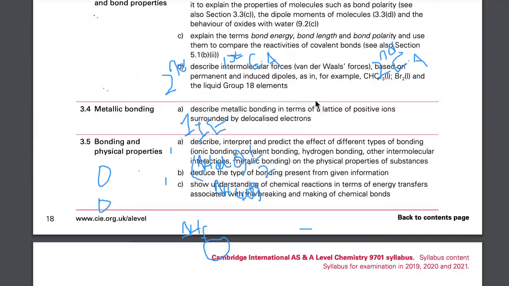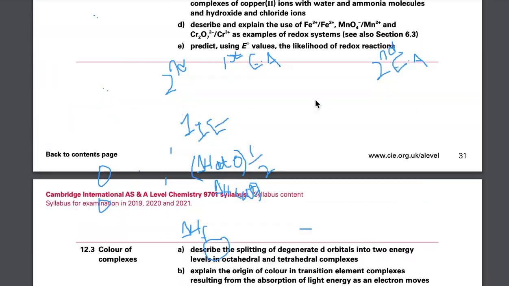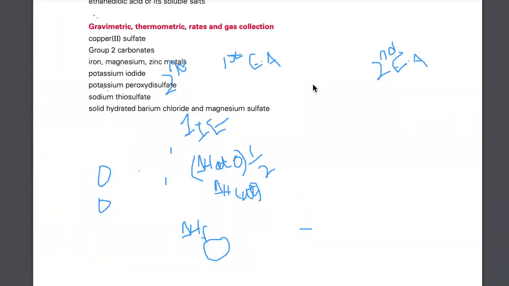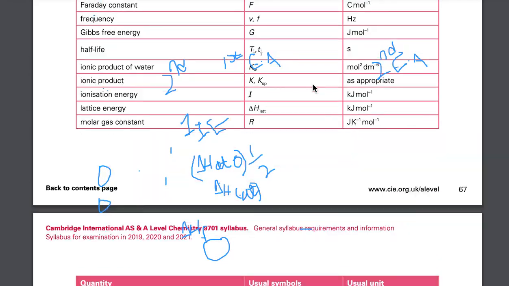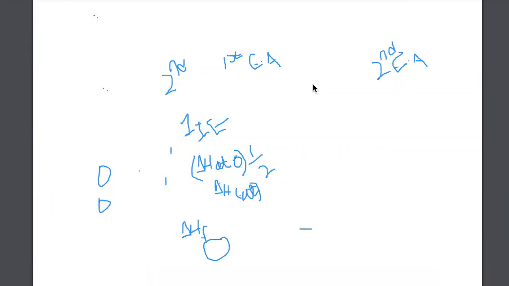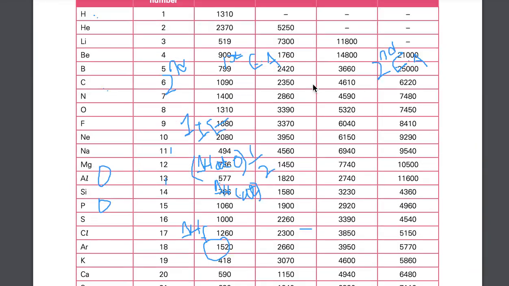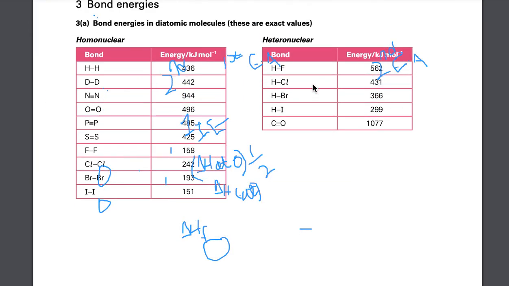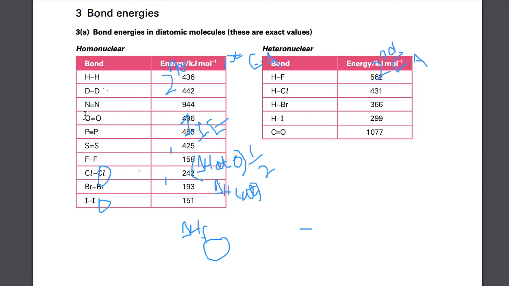Let's move on to the data booklet, which is pretty far. Okay, here it is. Now we want the atomization of oxygen. This one is the atomization of oxygen, but that's for the double one, right?